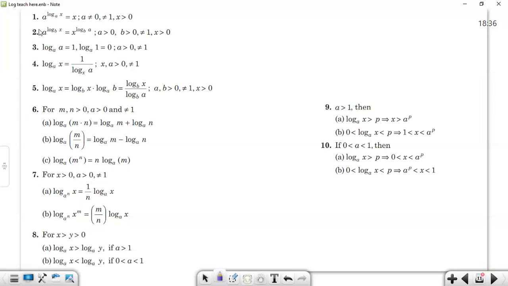The next property is the base change property, where a is raised to the power of logarithm of x to the base b, and it can also be written such that x will exchange position with a simply. And please mind the conditions.